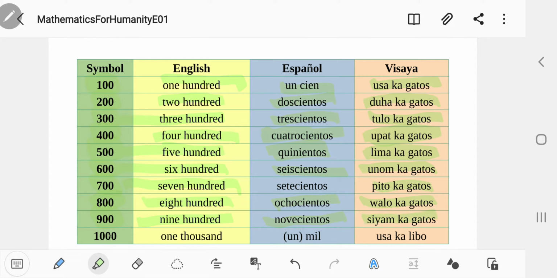You also have here the symbol for 1,000. In Espanol, 1,000. In Bisaya, 1,000. So, at least you know now how the numbers are represented by symbols and how to read them.